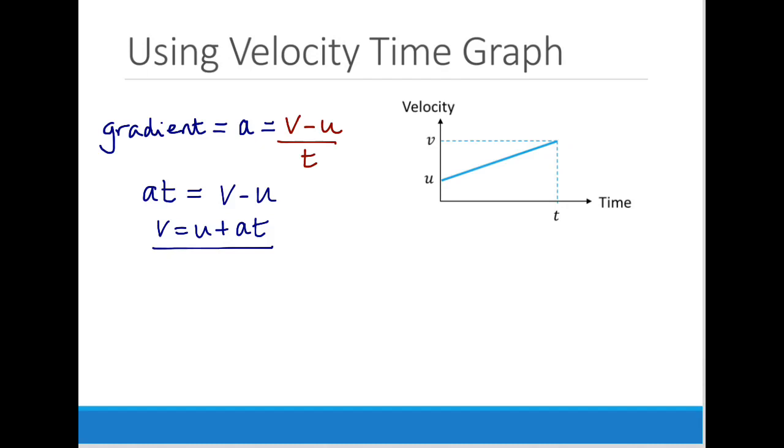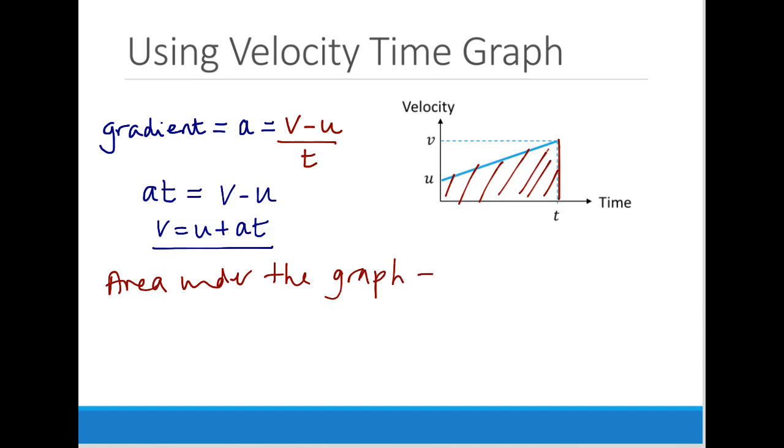As we mentioned earlier, our displacement is the area under the graph, and for us the area under the graph is this here. And if we look at that, the shape is a trapezium, and that's the first thing we need to realise, that the area under the graph is a trapezium.